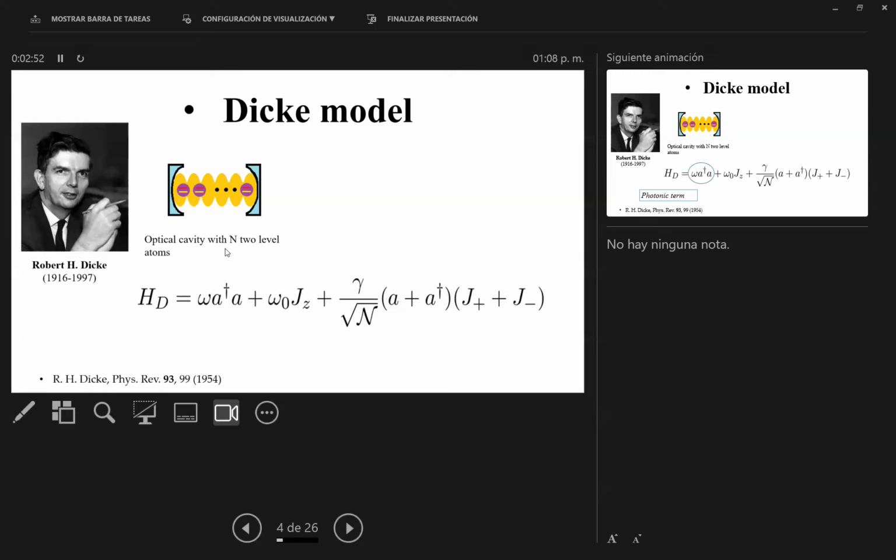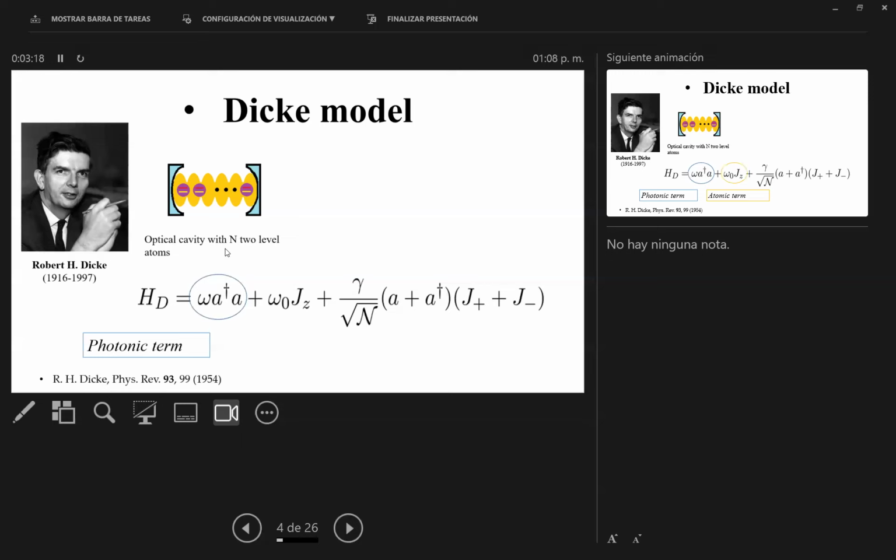Originally, we can think that it is a many body problem, but actually it's not, because the dynamics or all the behavior of these N two-level atoms is a collective behavior. I mean, the system basically is a two-body problem, yeah?